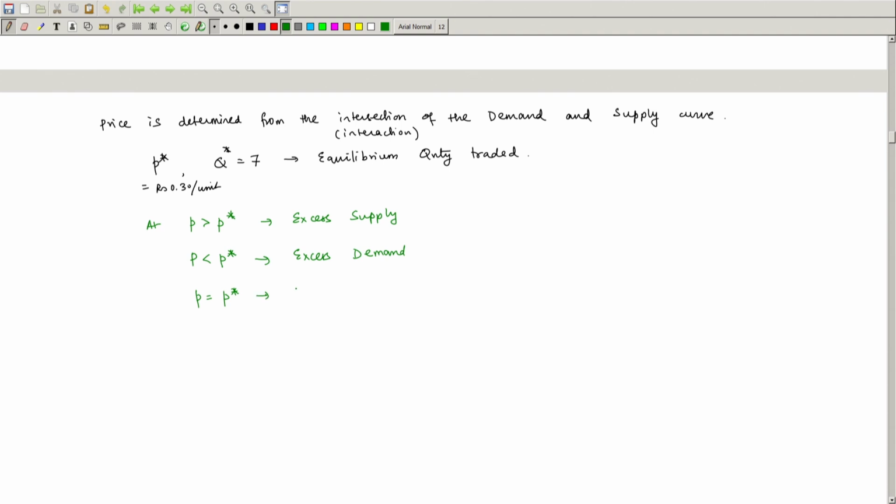So, there is no excess. The excess supply is 0, the excess demand is also 0. This is what is called the market clearing condition. So, neither is there an excess supply nor is there an excess demand. Whatever buyers want to buy, the sellers are willing to sell, and somehow the market clears.